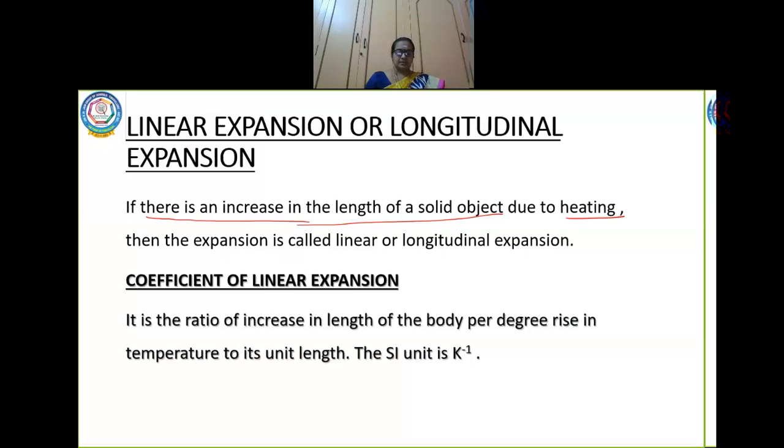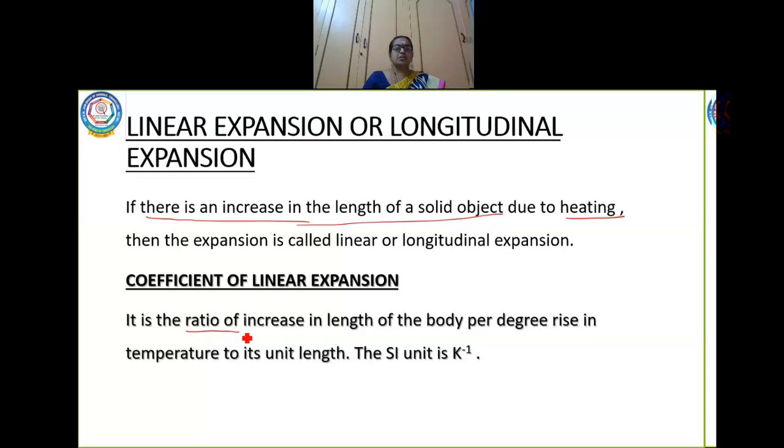Now, we are going to have one more term related to this, which is called coefficient of linear expansion. So what is the coefficient? How much is the rise in the length of the body, that is measured as the coefficient of linear expansion. Look at this definition, children.